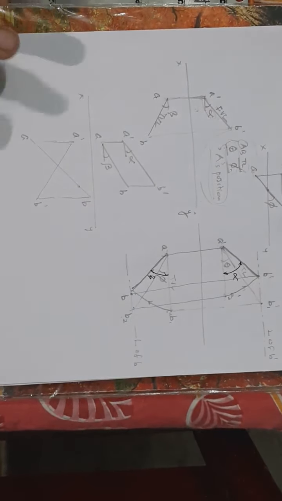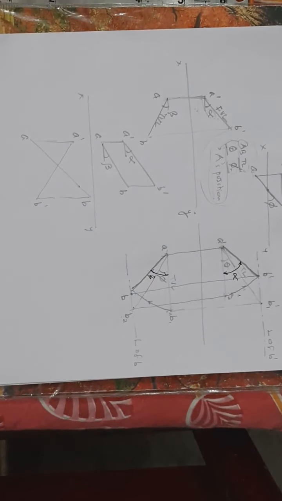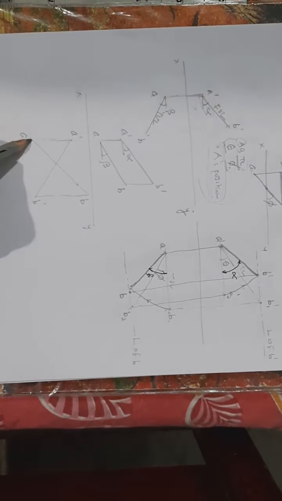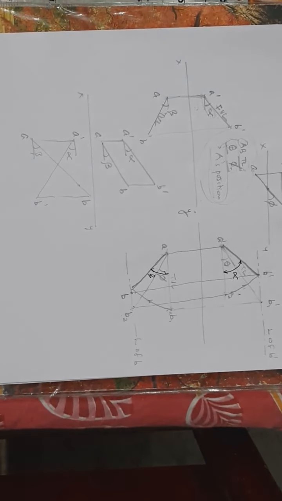That the line is inclined to both HP and VP, because both the views are seen inclined to the XY line. And since both the views are drawn below the XY line, that means this line is in the fourth quadrant. Here again I can mark the angles, this is beta and this is alpha. This is the front view length of the line and this is the top view length of the line.